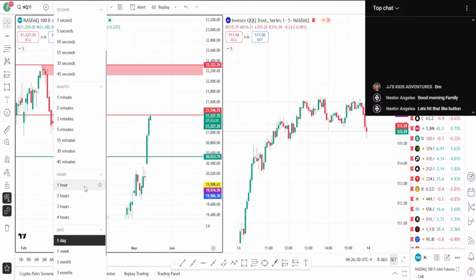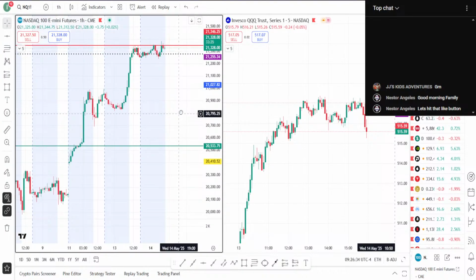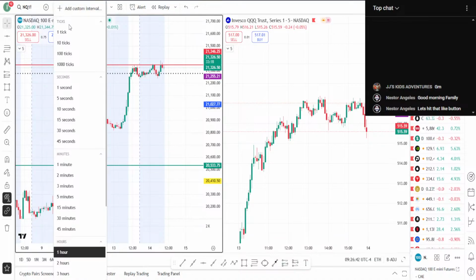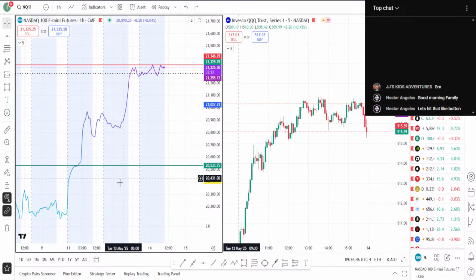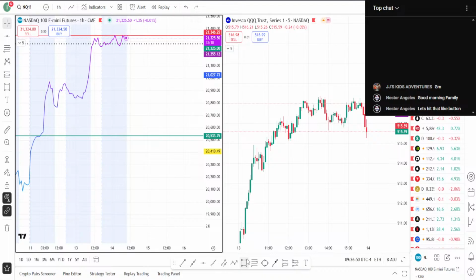Alrighty, drop to the hourly. Take a look here. So we're in an uptrend. Let's look at the structure of the market. Okay, so it's trending. Right, it's three conditions. We know there's a trend.